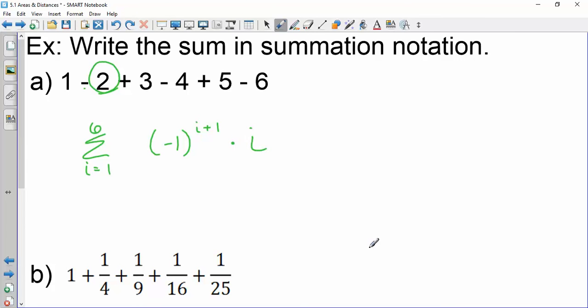Times i. So then if I put in a 1, let's see if it works. -1 squared times 1 is 1. If I put in 2, -1 to the third is -1 times 2 is -2. If I put in 3, -1 to the fourth is 1 times 3 is 3. So does it work? Yes.